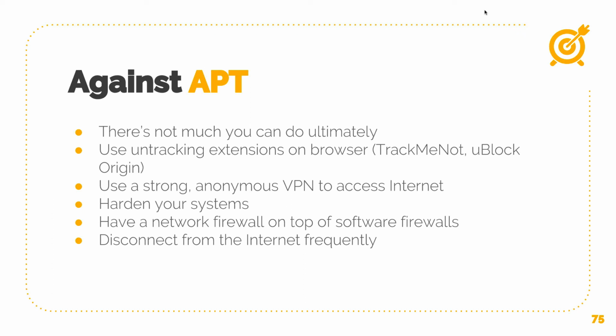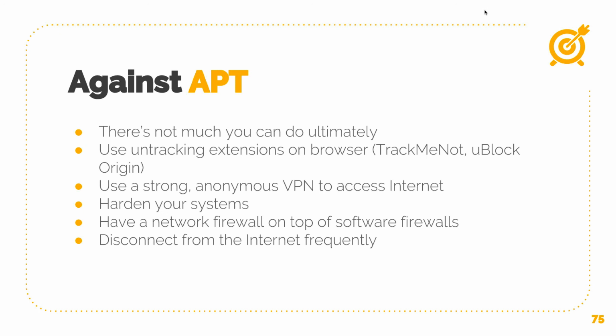You have to use a lot of anti-tracking extensions on your browser, such as TrackMeNot, uBlock Origin, and things like that, which prevent you from being tracked on the internet. You need to use a strong, anonymous VPN to access the internet because a lot of VPN providers just store logs, and if a government entity asks them for the information, they're going to provide it. You need to harden your systems.